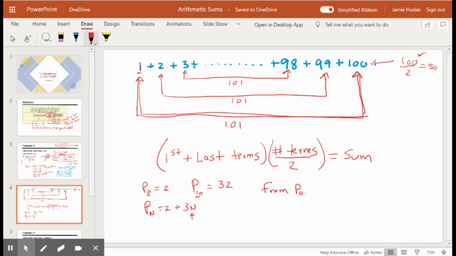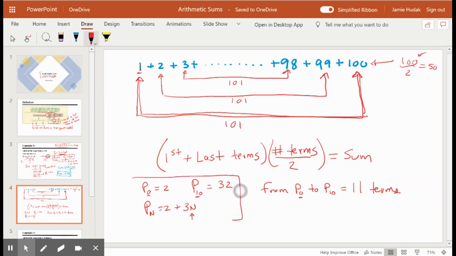From P0 to P10 equals 11 terms, and that is just to acknowledge that we're starting our counting from a subscript of 0, from a label of 0. So that's going to be 11 terms. If we started counting from 1, if it was P1 to P10, it would be 10 terms. So part of our task is to pay attention to where we start counting from.